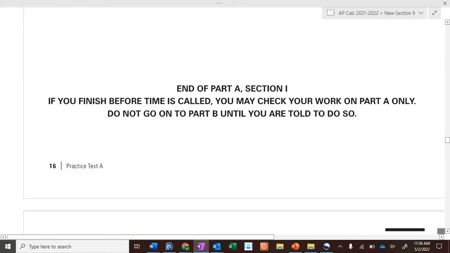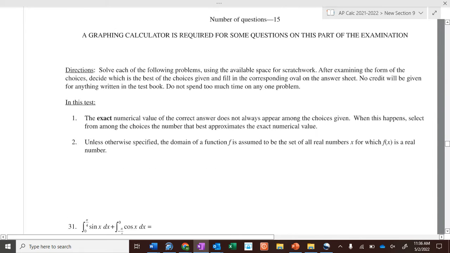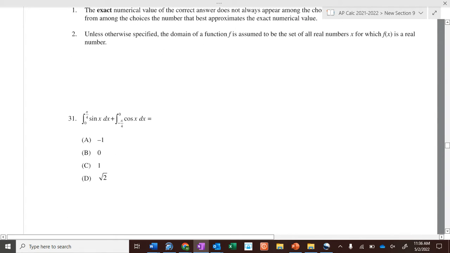Okay, so that ends the non-calculator section, where a couple of them I say, boy, that's really hard if you don't have a calculator. Now, some of these on the calculator section, actually, you don't need a calculator at all.